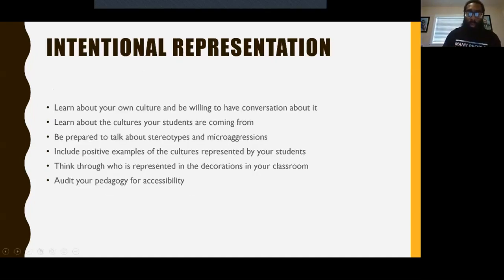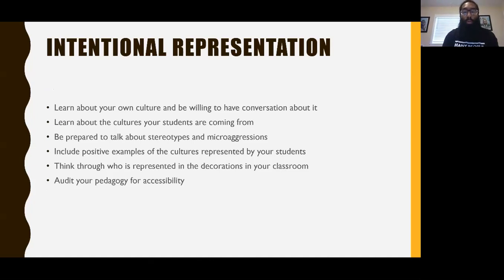So when we talk about this idea of intentional representation, it's important to think about a couple of dynamics here. The first one is that if we are going to feel comfortable offering representation of folks that are different from ourselves, we first must feel comfortable in our own dynamic, in our own culture, because a lot of stereotypes, discrimination, various isms come from a place of anxiety and insecurity about who we are as individuals.